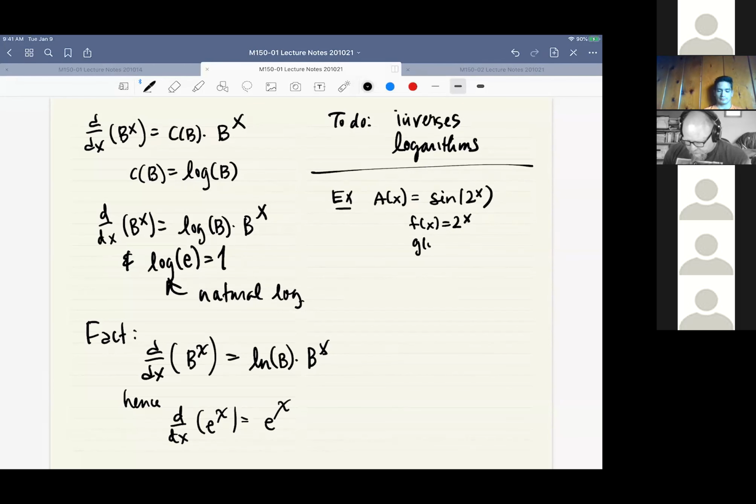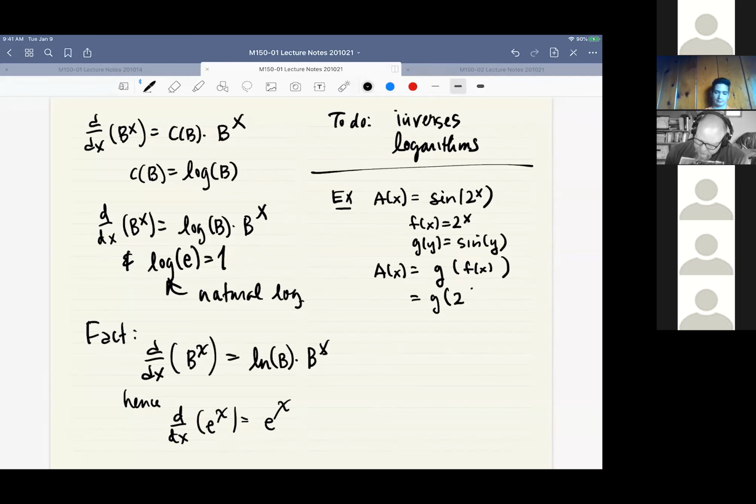So I'm going to call the sine function my g. And so written this way, sine of 2 to the x is g of f of x. That's g of 2 to the x, because f takes x to 2 to the x, and then g takes its input to the sine of the input. Okay, so that checks out.